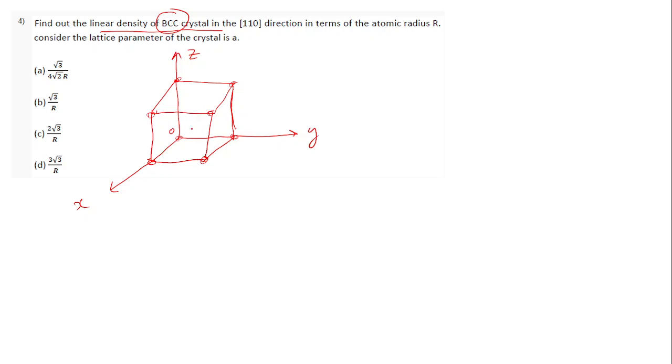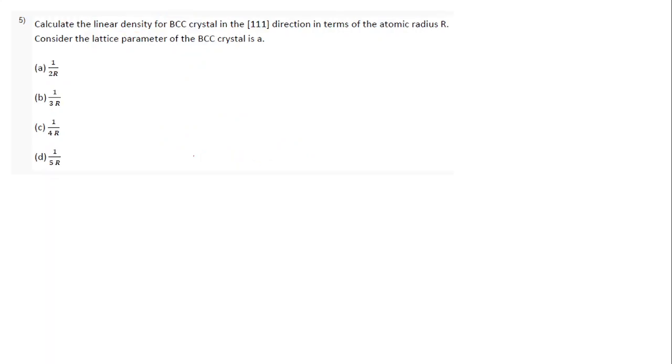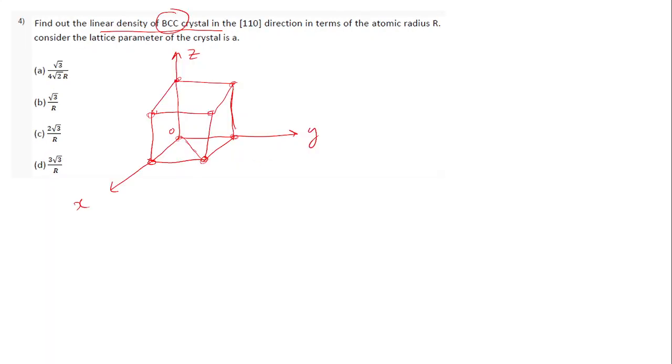I'm not drawing it, it would be confusing, but there is one at the center. Next is to identify the direction, 110. The 110 direction will be this. This is our 110 direction.